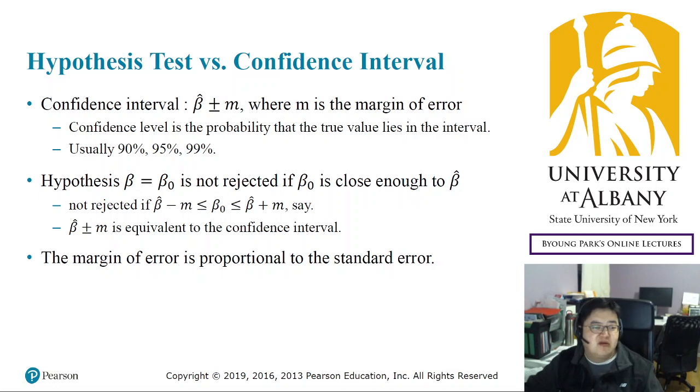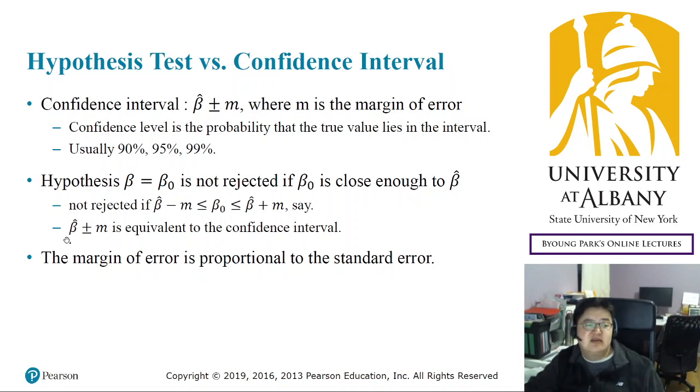Conversely, if a hypothesis is not rejected, the value is close enough to beta hat. So if you collect the values of beta 0 that are not rejected, you can make an interval from the collection of non-rejected beta zeros.